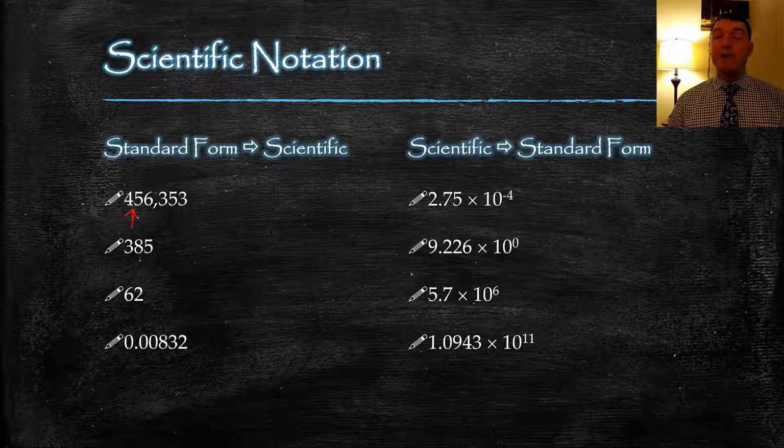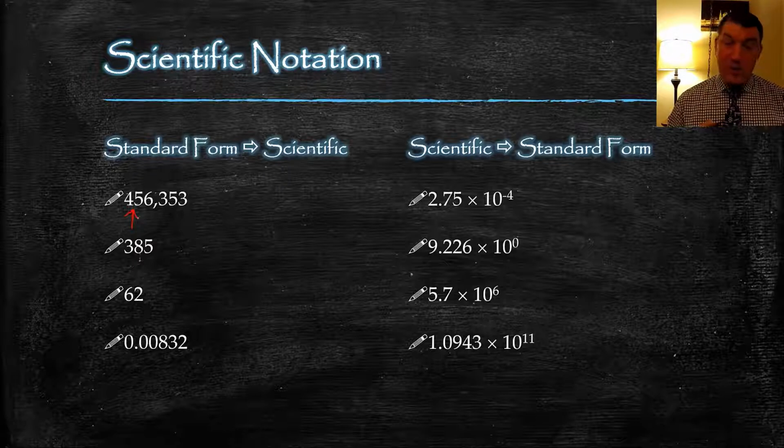Now, if it's to the right of the first non-zero number, that means there's one digit before the decimal place. That one digit has to be a 1, 2, 3, 4, 5, 6, 7, 8, or 9 because it's not 0. And in that case, that number will always be between 1 and 10. It could be equal to 1 if it's 1.0, but it can't be equal to 10 because that would be two numbers to the left of the decimal place.